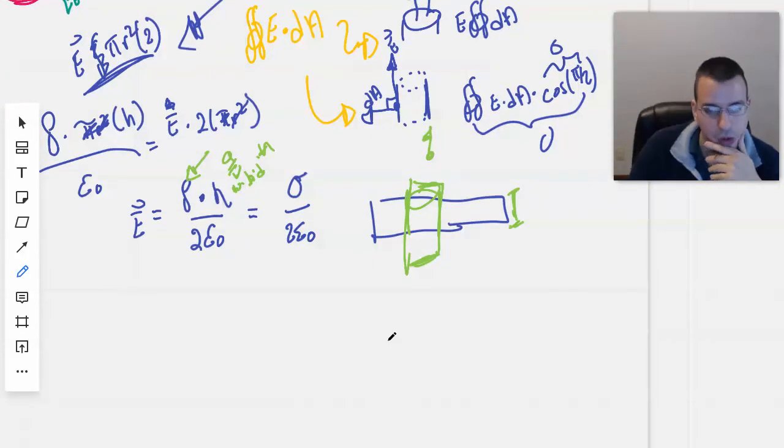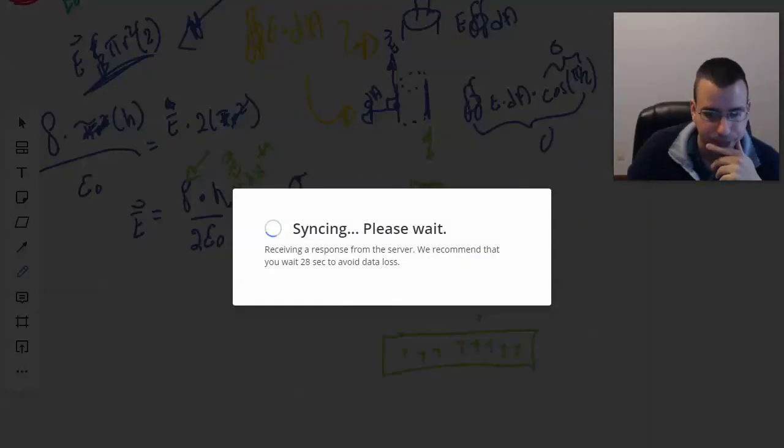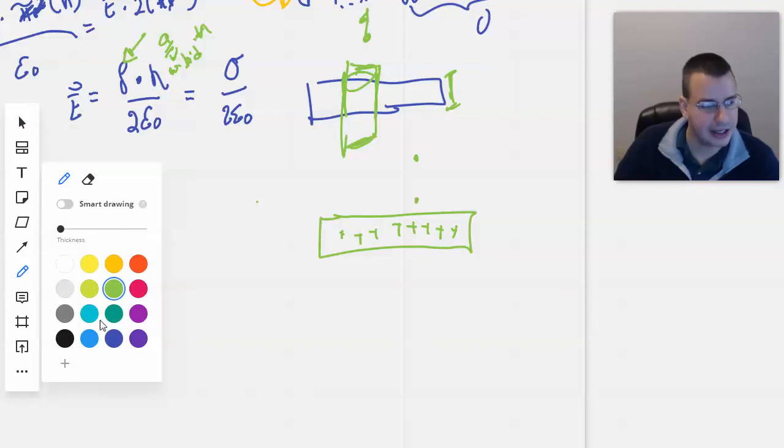So this is saying that the electric field strength at this point is the same as the electric field strength at this point. Let's say these are all positives. And at first you're like, wow, that's really counterintuitive. And it is.